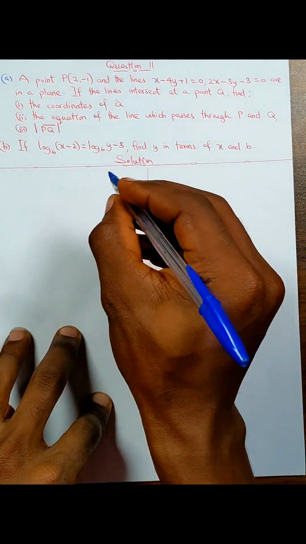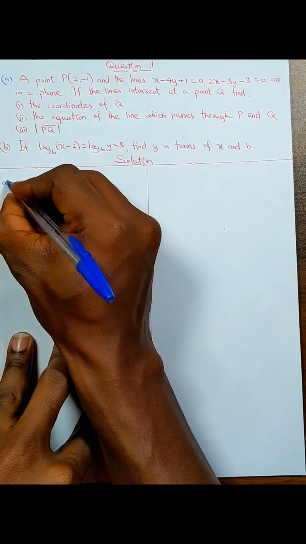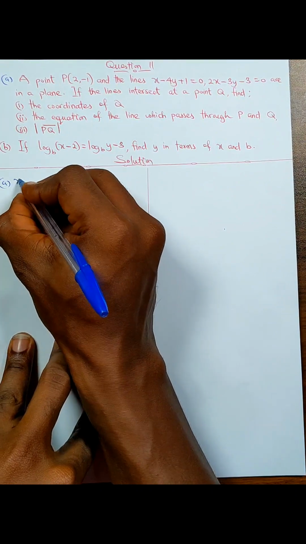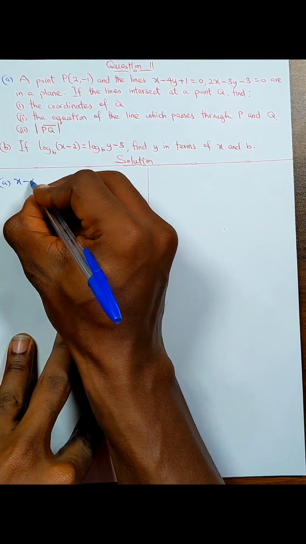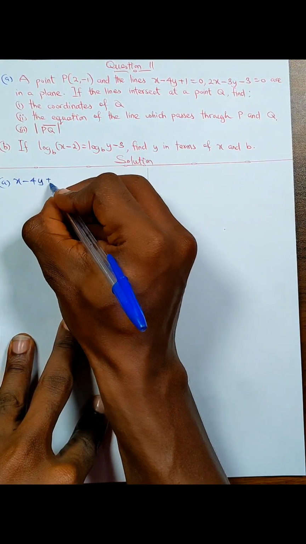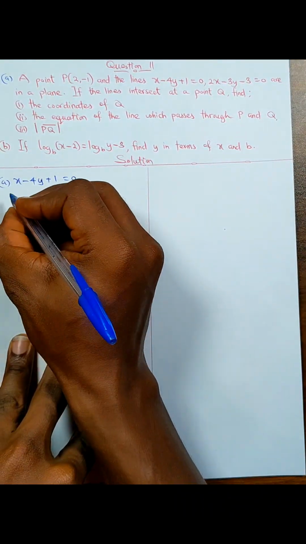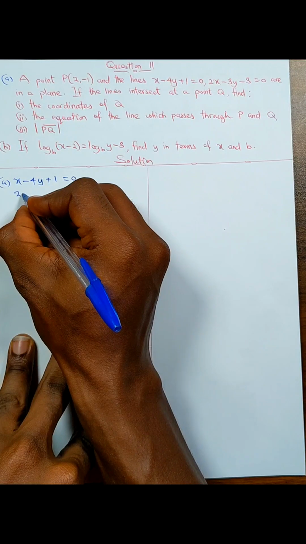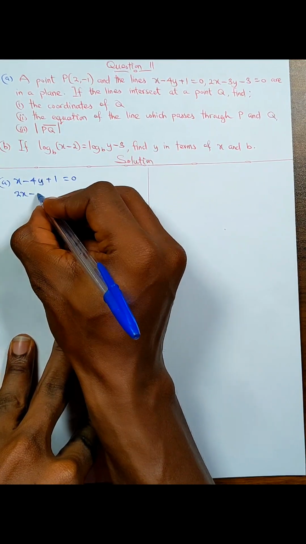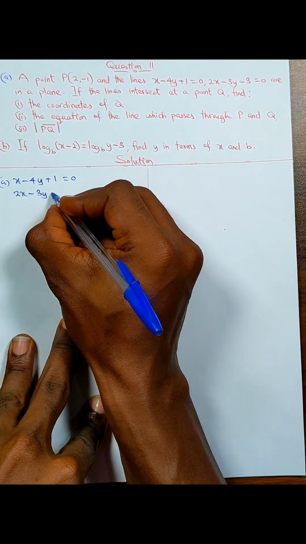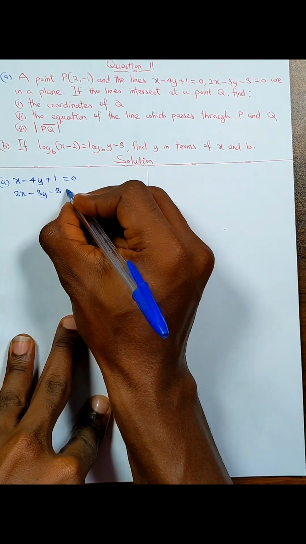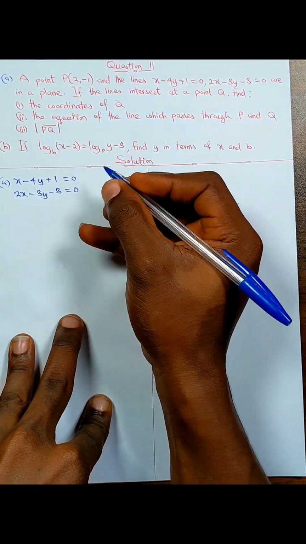So let's rewrite the equations. We have x - 4y + 1 = 0, then 2x - 3y - 3 = 0.